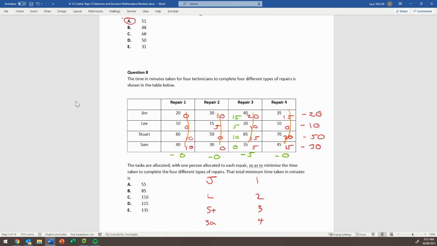Right, so Jim could do repair 1. Lee could do 1 and 4. Stuart could do just 2. And Sam could do 2 or 3.